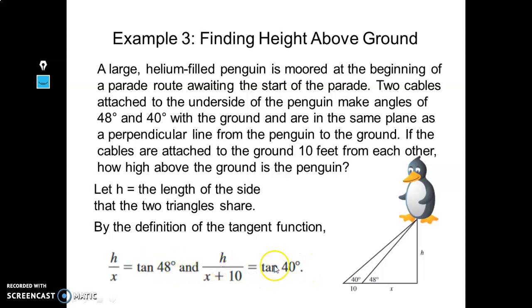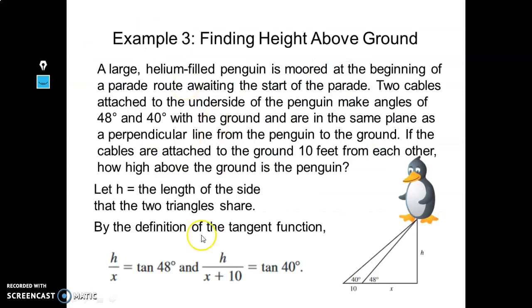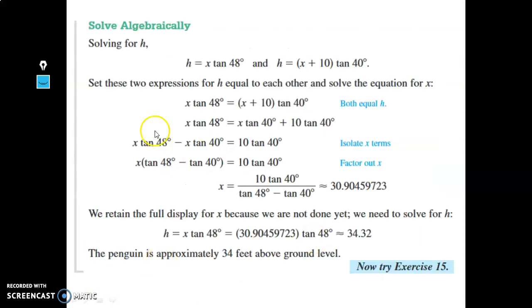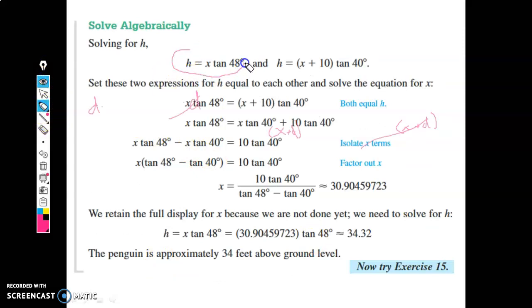All right, so we're going to try to get one of these equations solved for one of the variables and substitute it in. Okay, it's easiest to solve for h because you just multiply the first equation by x, and then you'll get what we have here. So this equation is what we get after you multiply by x.